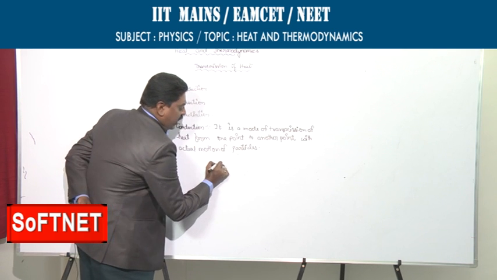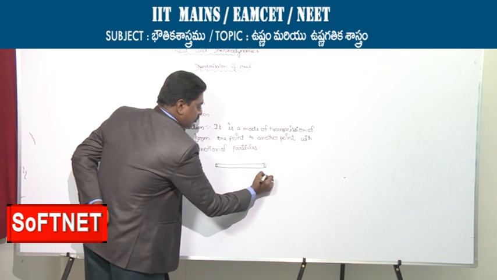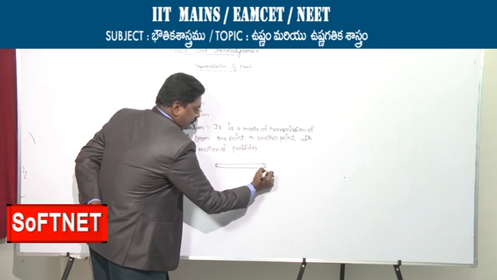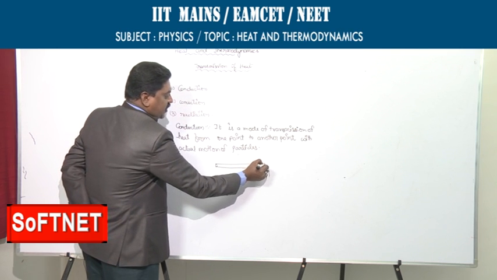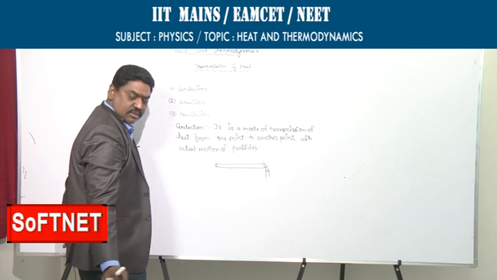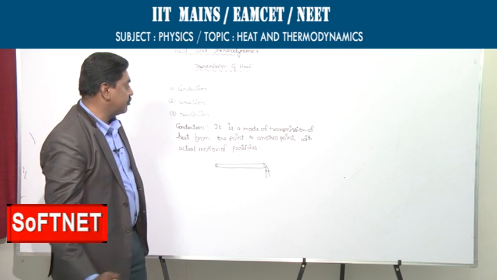When you keep one end of a metallic rod in the fire, the heat transfers from one point to another point without actual motion of the particles. This kind of transmission of heat is called conduction.